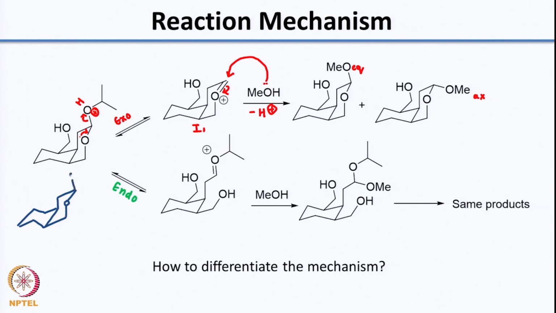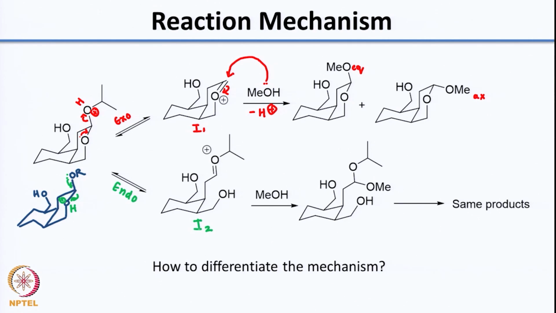I am just going to write it as OR. Now in this case, you have protonation here. So you can imagine this coming here and this bond cleaving to give you intermediate 2.